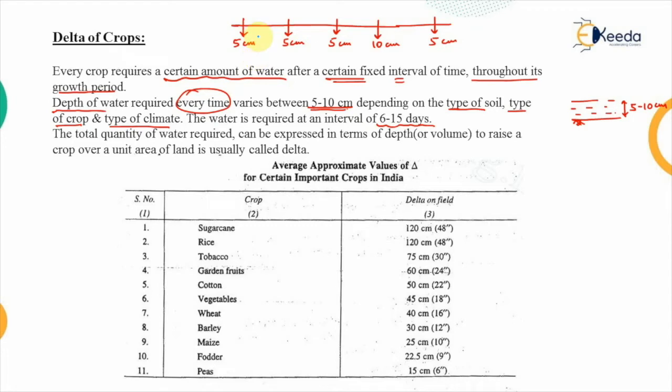Now if we total this amount of water, that means 5 plus 5 plus 5, then plus 10 and 5, this will yield the total quantity of water which is required throughout the growth period of the crop. If we are to signify the total amount of water in certain parameters, let's say this is a piece of land which has a certain area.